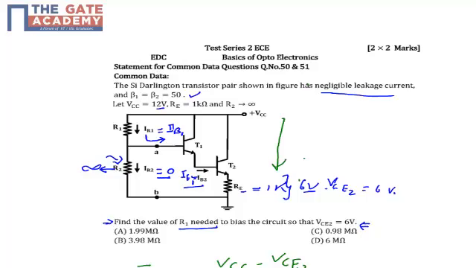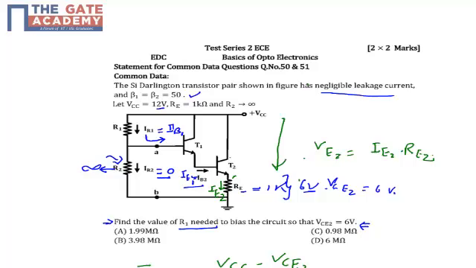The current through the emitter terminal of the second transistor I will note as IE2, so the voltage across RE is IE2 into RE, because in the collector terminal we have no resistor.